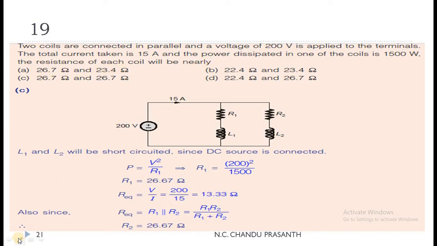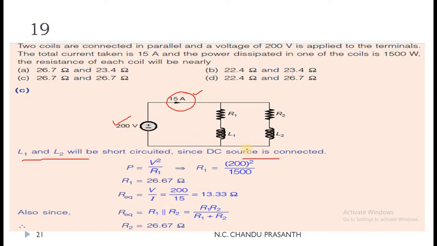According to the data given in the problem, we have to draw the circuit diagram. R1 and L1 and R2 and L2. It is the DC source. The current flowing is 15 amperes, and R1 and L1 are connected in series and R2 L2 are connected in series. L1 and L2 will be short circuited since a DC source is applied.